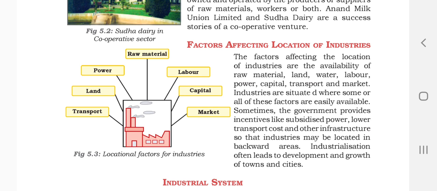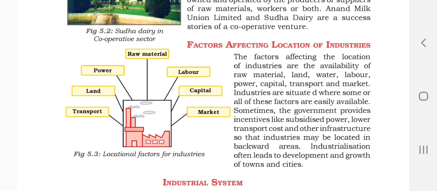What is the location? If there is some availability of some source that the factories or industries need, like water, and away from a crowded area or the city where a lot of smoke emission comes.